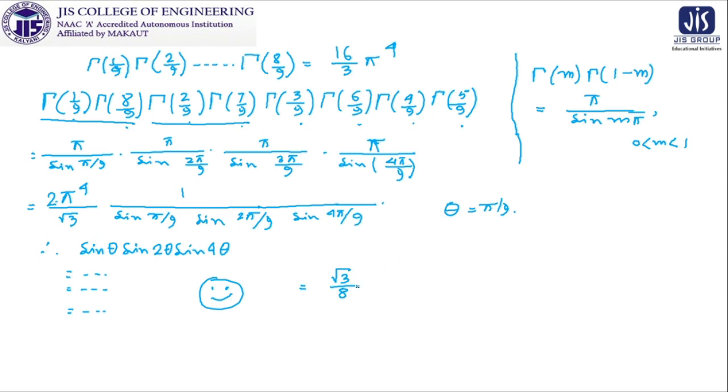So finally, if you substitute this value in this structure, you will get 2 pi to the power 4 by root 3 into 1 by root 3 by 8. So 8 will come in the upper part, so it will be 16 pi to the power 4 by 3. Ultimately the answer will come, but please complete this part.